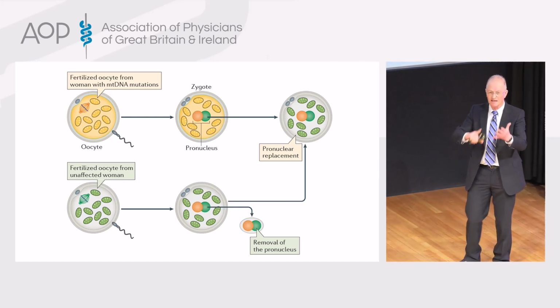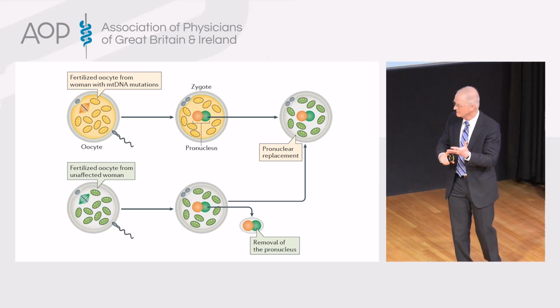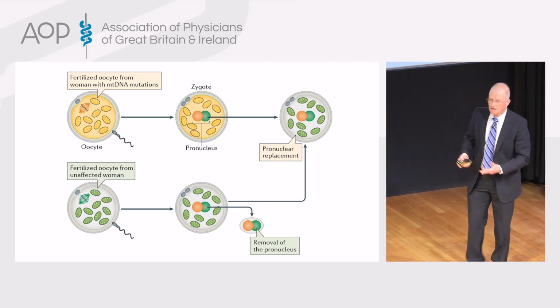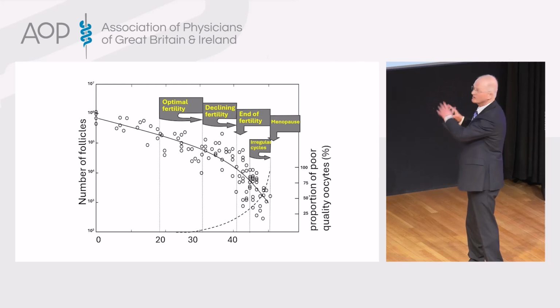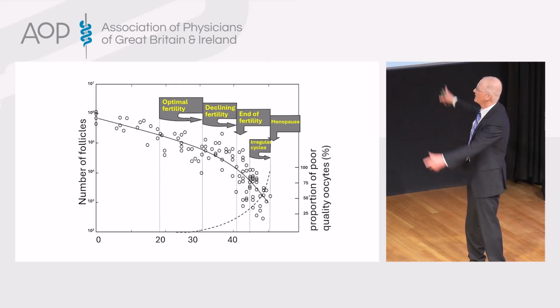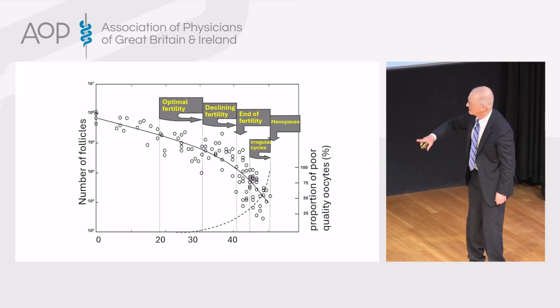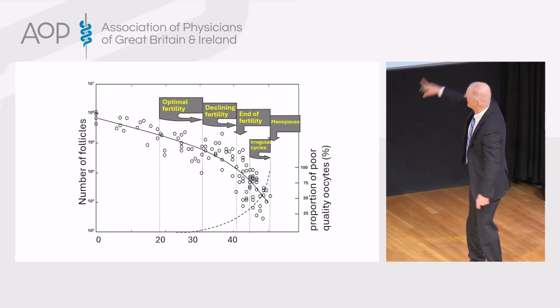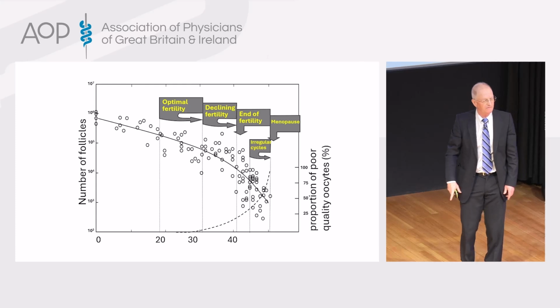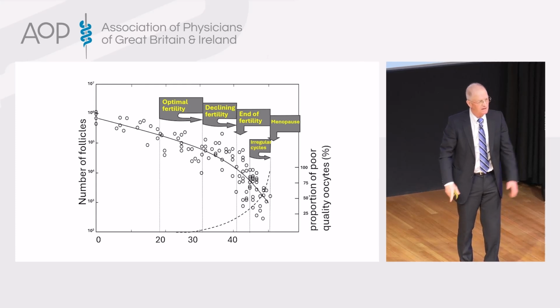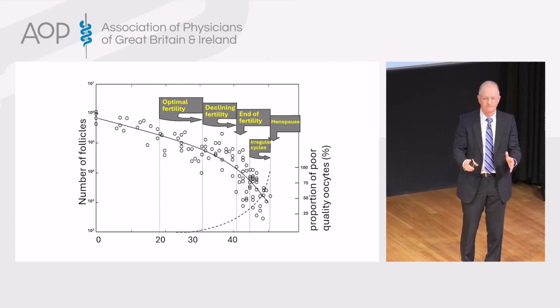And you're really looking at egg number and egg quality. So associated with that, if you look at this curve, which is the number of follicles women have, and the quality of the oocytes, you see where there is a problem.